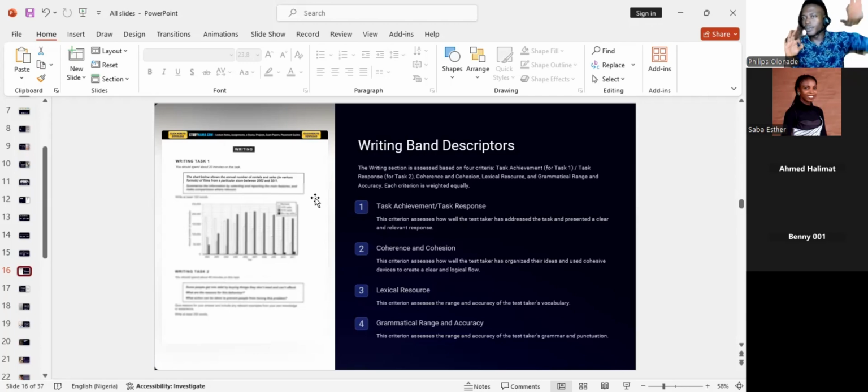Don't tell us who you support from the beginning. It is maybe in the third or fourth paragraph that you now give your own opinion. Remember, for each reason that you give, give examples. For each point that you give, give a reason. I think boys are better than girls because boys are stronger.